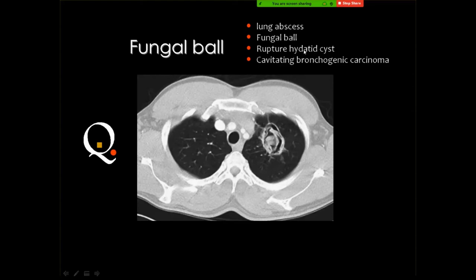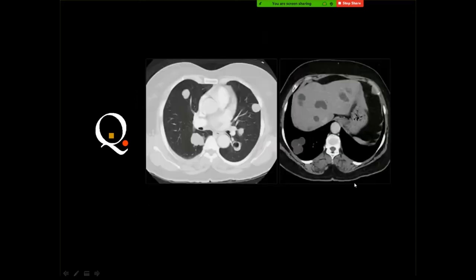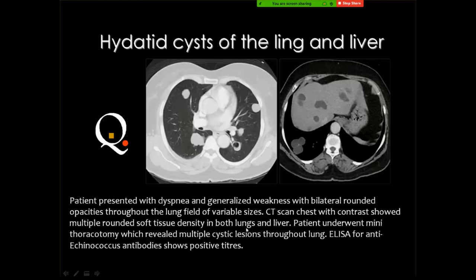Ruptured hydatid cyst, no. Cavitating bronchogenic carcinoma, no. This is hydatid cyst. Yes, very good. These are multiple hydatid cysts in the lung and in the liver. We know the diagnosis by these lesions, which are located in the lung base.